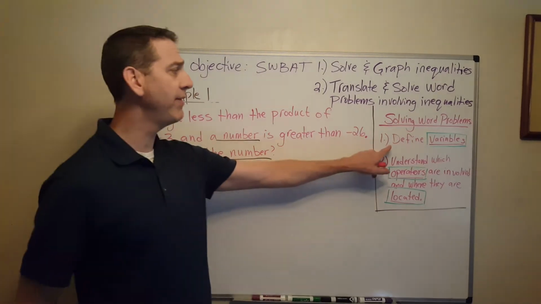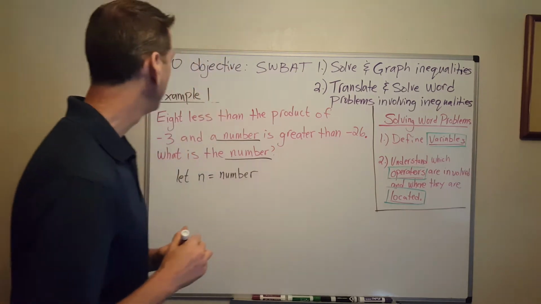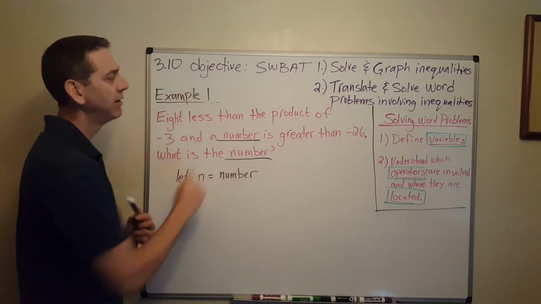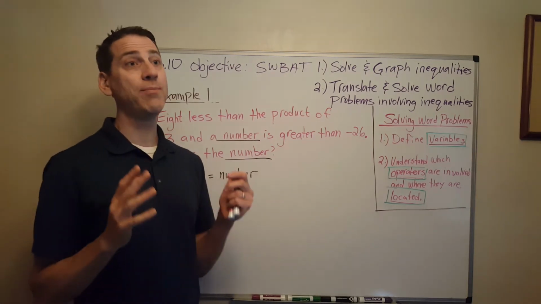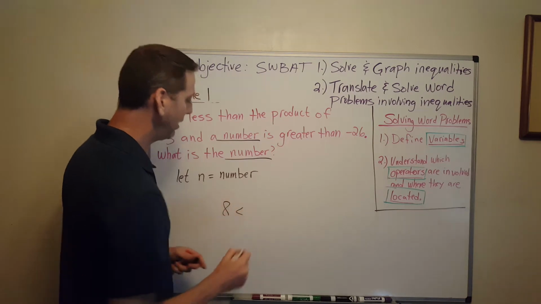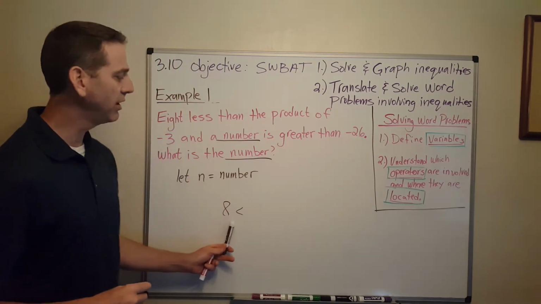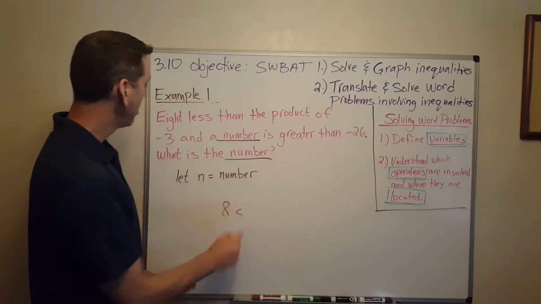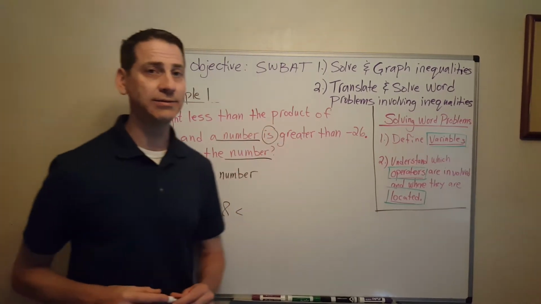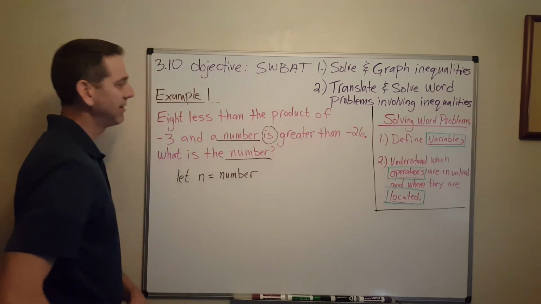Now once we have that defined, we need to understand which operators are involved here. So we have 8 less than. Many times people think that means that's an inequality, right? No, what you're going to discover is usually your inequality symbols are going to follow the word is.